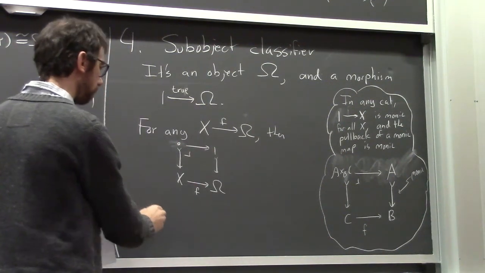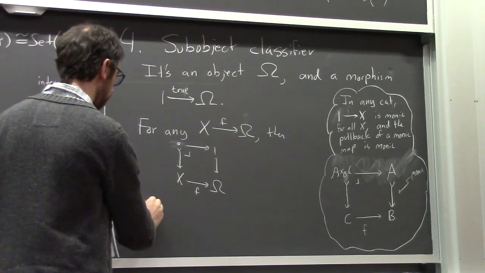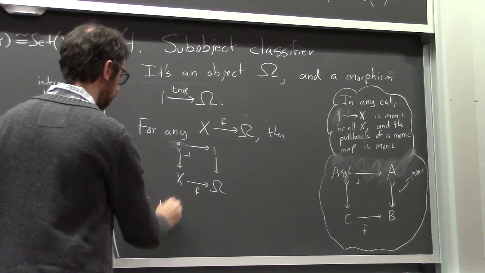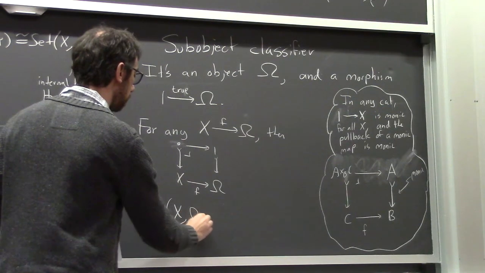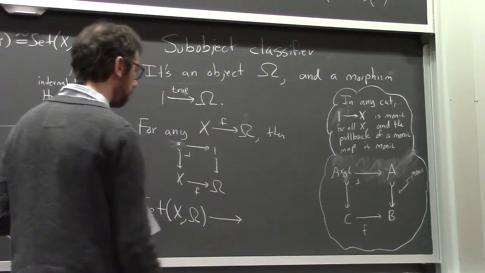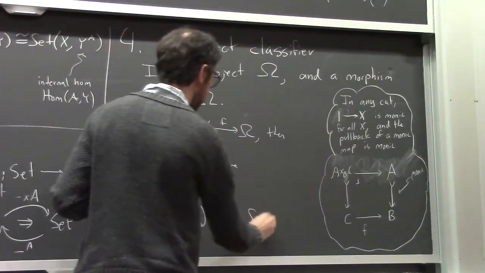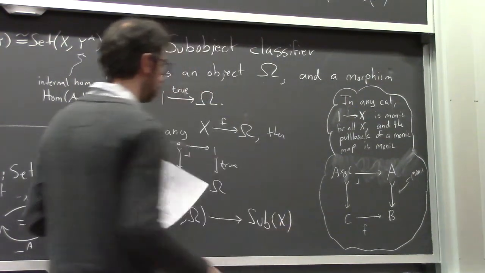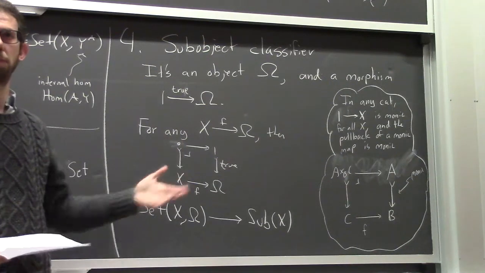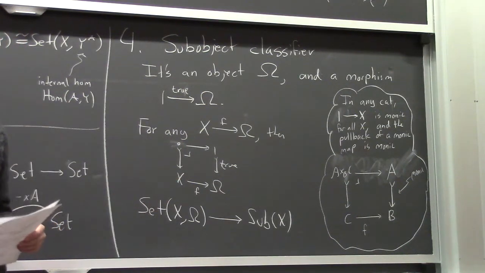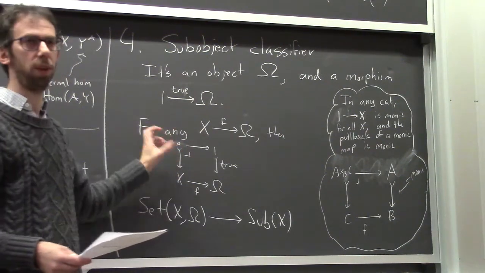So for any map from x to omega, by pulling back true, I get a subobject of x. A monomorphism into x is called a subobject of x, or more technically, a monomorphism up to isomorphism.